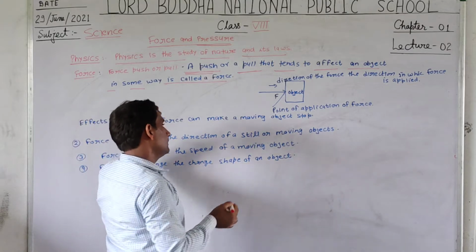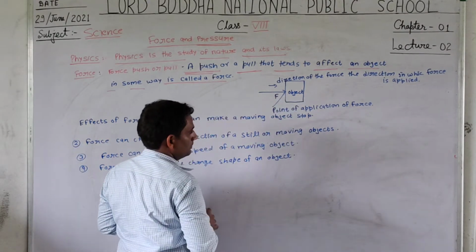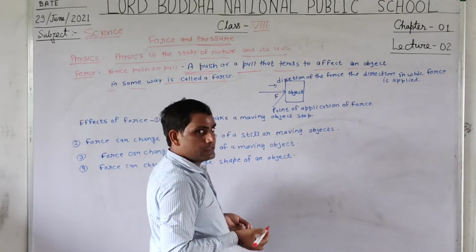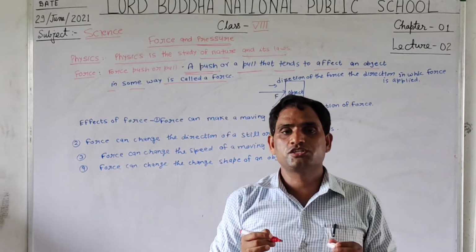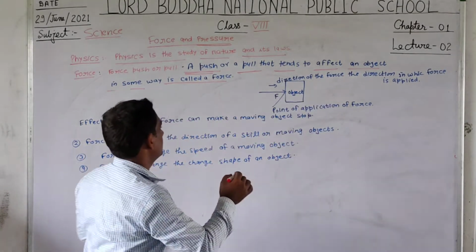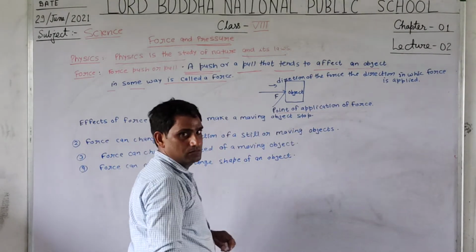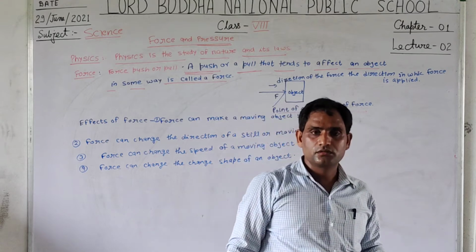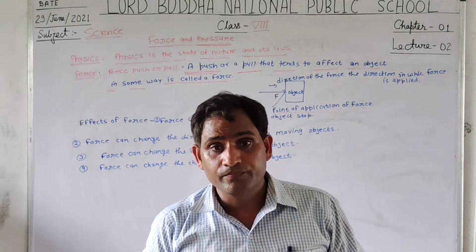There is an object and we apply a force. The point on which force is applied is called the point of application of force. Force is a vector quantity. What is a vector quantity?